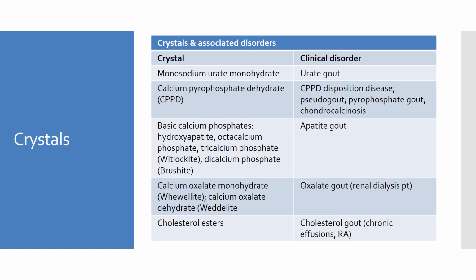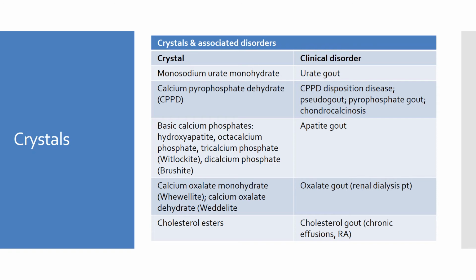They're verified under polarized microscopy by demonstrating what's called negative birefringence. This means your crystal will appear yellow when the crystal is parallel to the red compensator, and blue when it's perpendicular to it. I have pictures of these on the next slide. CPPD, however, demonstrates positive birefringence.